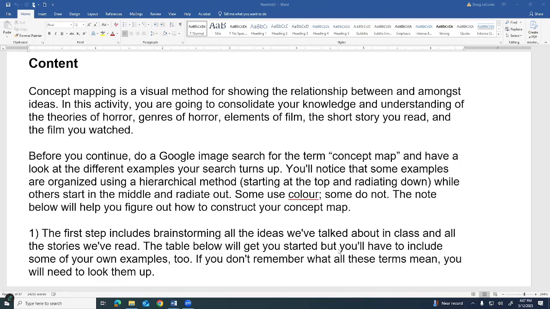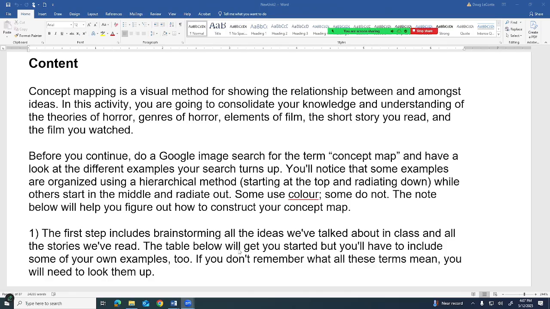It's a lot easier for you to make these connections, and then you can start thinking about questions and relationships that you might have not thought about before.